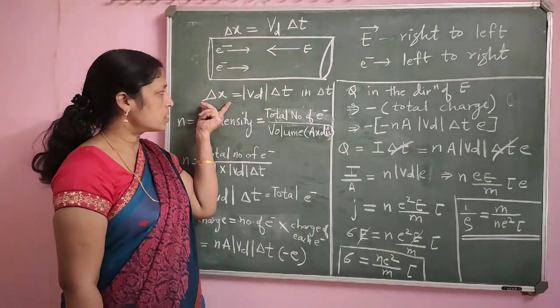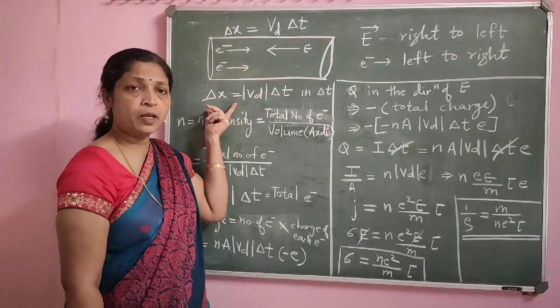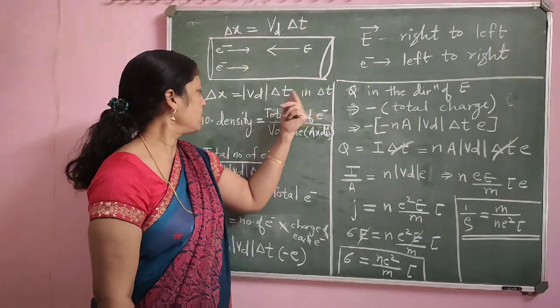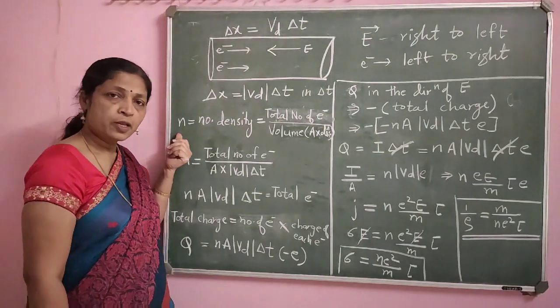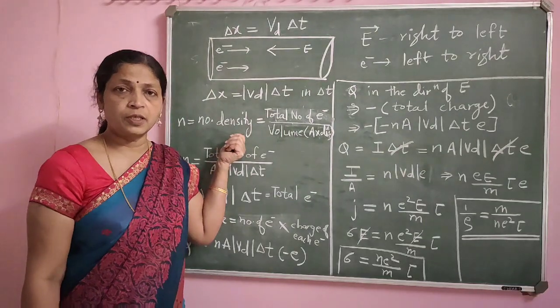This delta x is the distance covered by the electrons in time delta t, that is Vd delta t. Let us suppose small n is the number density of electrons. What is the number density?